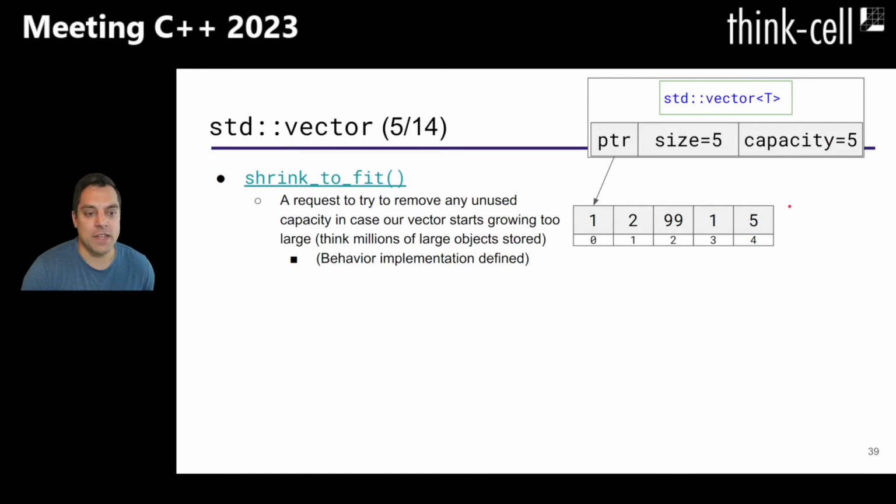Again, that's implementation defined, but let's say that we're going to reduce this capacity to exactly the number of elements we have, 5 in this case, and that is more efficient if space is more important to you. So again, these types of things have been thought about and implemented, and you don't really have to make sure you get all of your pointers right. It's probably a fun exercise to implement your own vector, but it's nice to have these tested data structures.